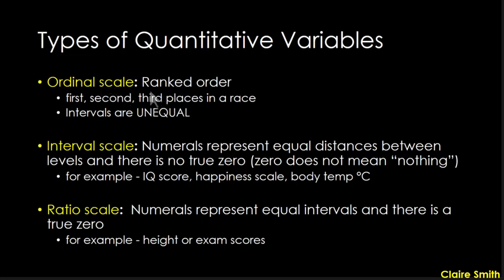which is just showing that there's going to be a ranked order. So if we're ranking something, that means there's going to be a first place, second place, third place, and so forth. So we could say like top 10 selling books, right? So number 1 is the best, 10 is the 10th best. The intervals in the scale are unequal, which means that there's not a distinct amount between 1 and 2, right?